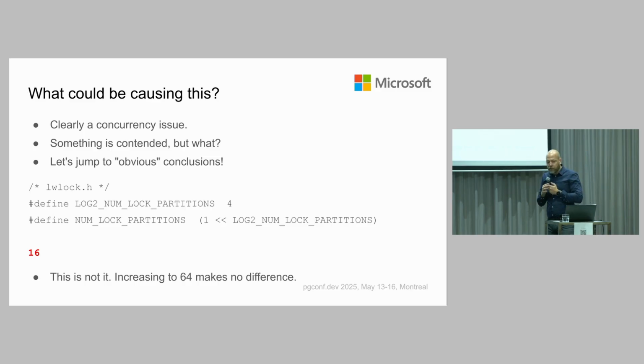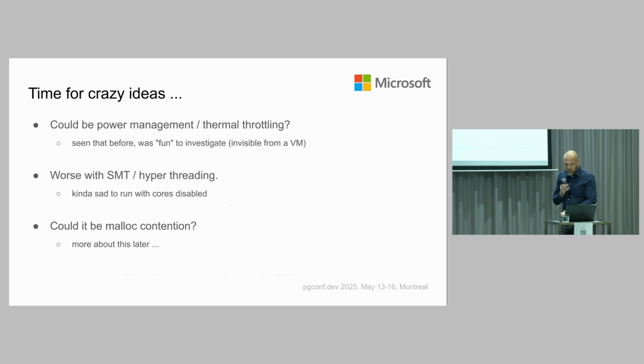So at this point, it was time for actually doing some CPU profiling and stuff like that. And we started to come up with crazy ideas, right? It could be power management, right? Like the machine could be overheating. Maybe it's doing thermal throttling.